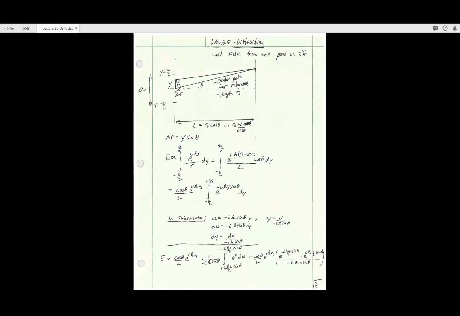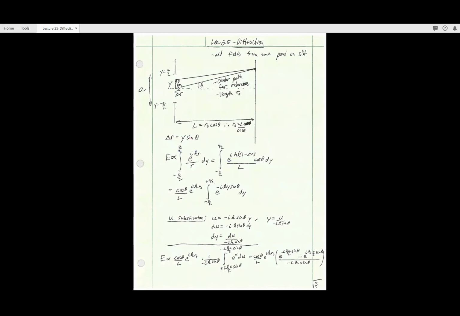So here's our geometry. We're going to consider a slit going from y equals minus a over 2 to y equals plus a over 2. And we're going to add up fields from every point along here. We're going to measure all of the distances with reference to the center. So the distance from the center of our aperture to whatever point we're currently trying to detect light at over here, that distance is R0.